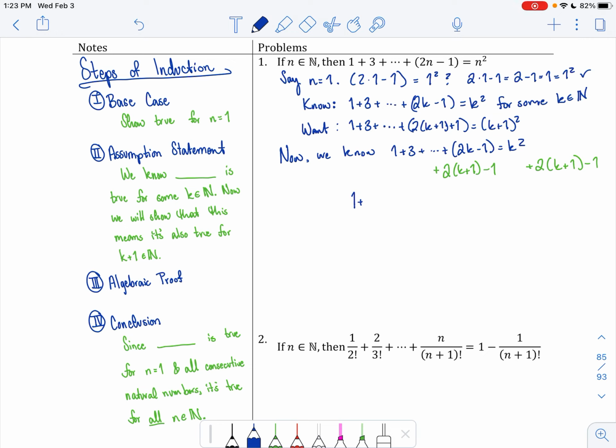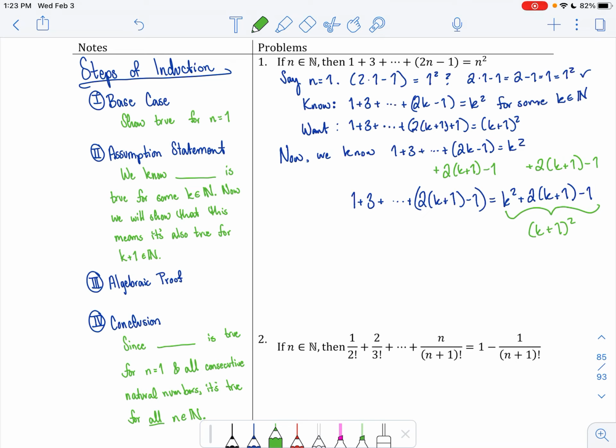And so we get 1 plus 3 plus, and I'm going to just jump to k plus 1 minus 1, so we know that this is equal to k squared plus 2k plus 1 minus 1. Now what we want is this part here to equal k plus 1 squared.